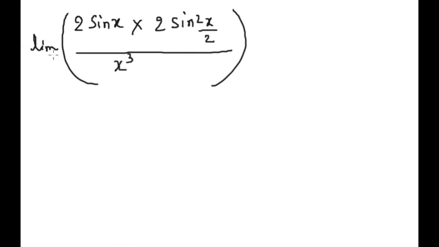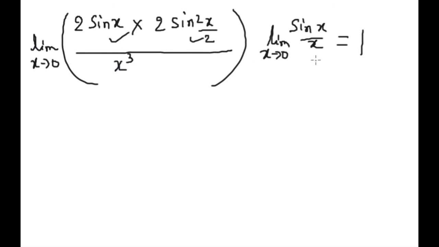Limit of x tends to 0. Now we know one formula, sine x by x, limit of x tends to 0, this is equal to 1. So we will convert this into the same formula. For that, sine x by x into x, we will divide and multiply by x.